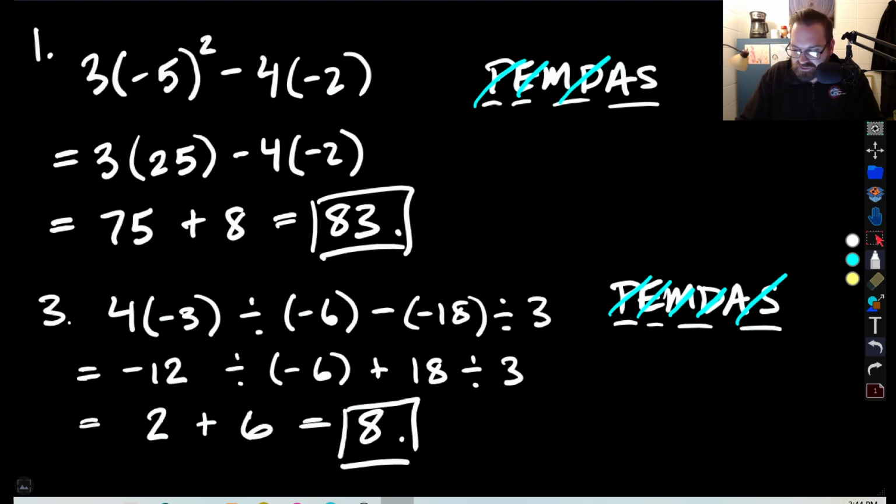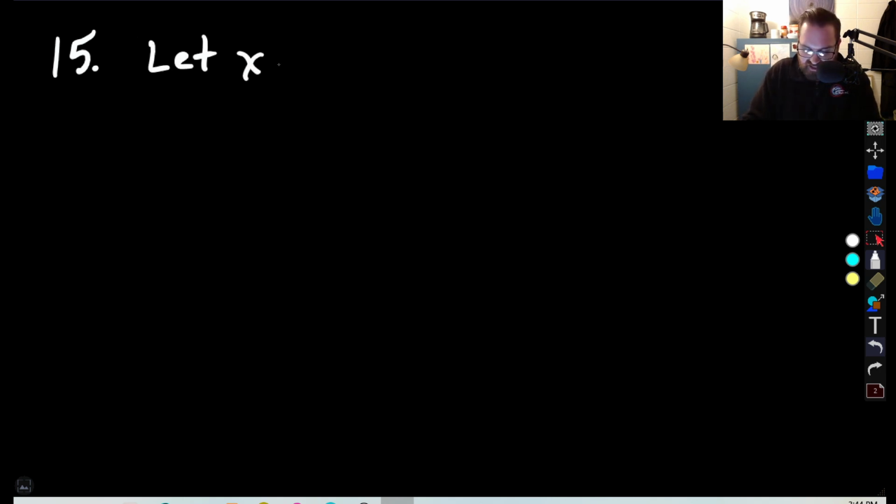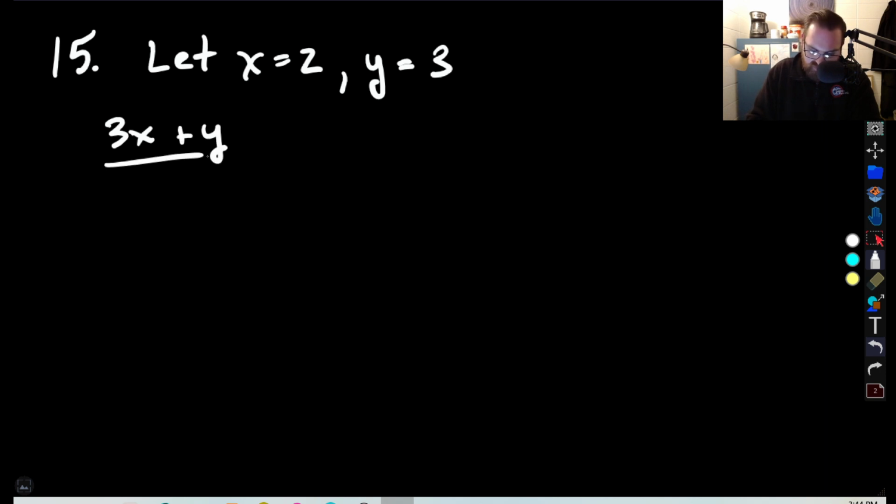All right, I want to do another one. This one is going to be a little different. One of the things that we do a lot in algebra is make substitutions. If we know what certain variables equal, we can just change the variables to numbers. So in this one, for example, I say let x equal 2 and y equal 3, and I give you a problem that says 3x plus y over 3 plus y.